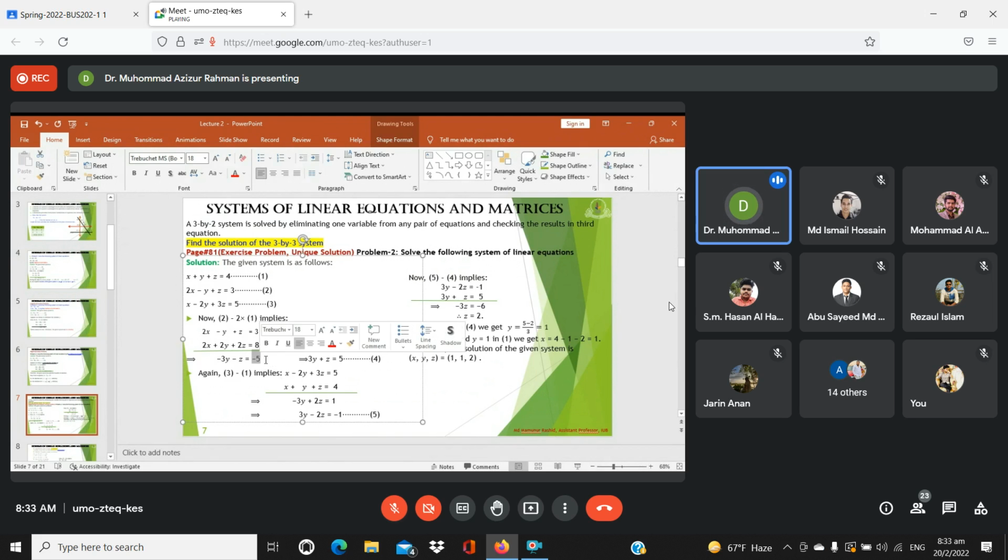If you multiply by minus 1 on both sides, you will get 3y plus z equals 5. So this can be your equation number 4.